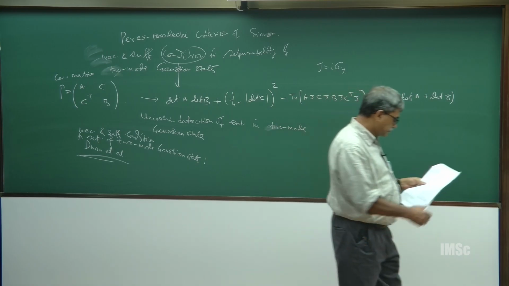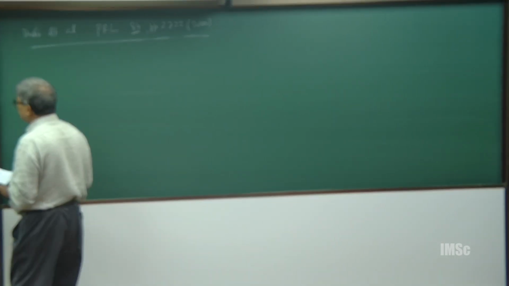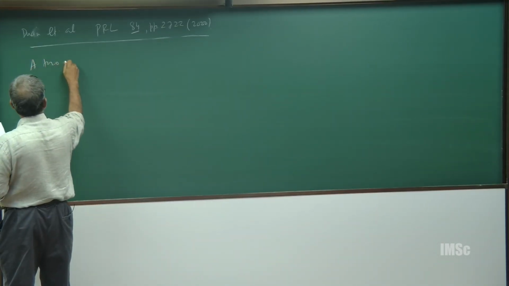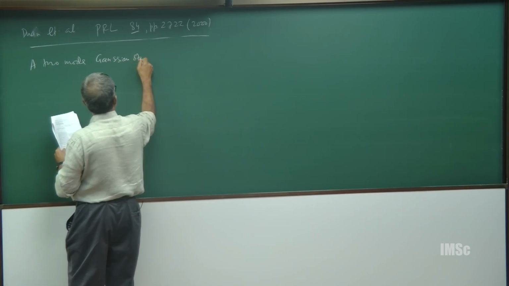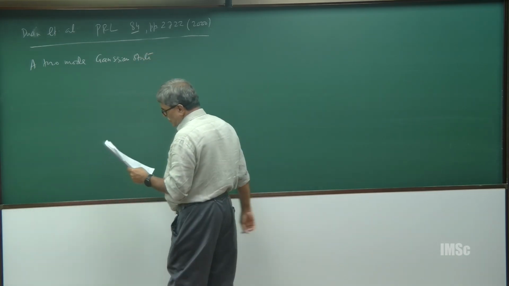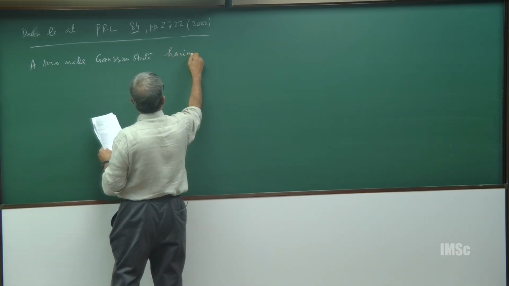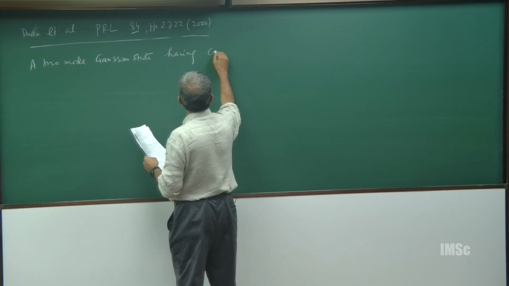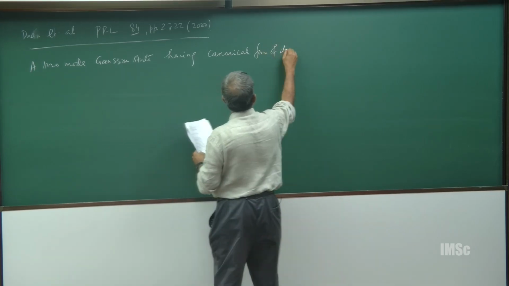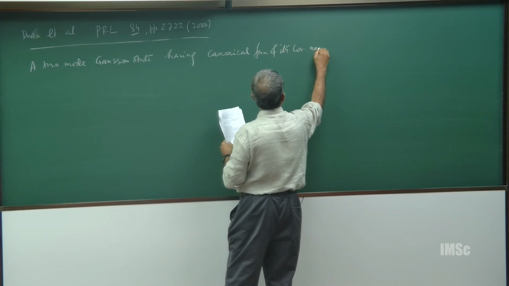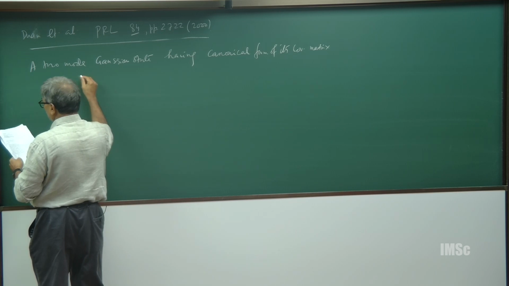Say a two mode Gaussian state having canonical form of its covariance matrix gamma equal to this one.